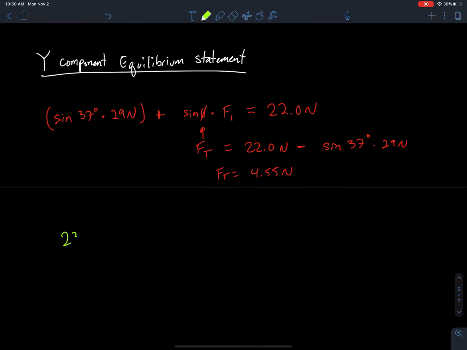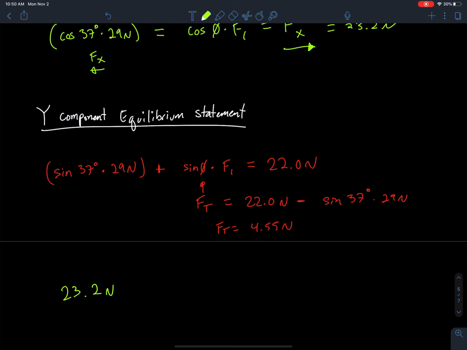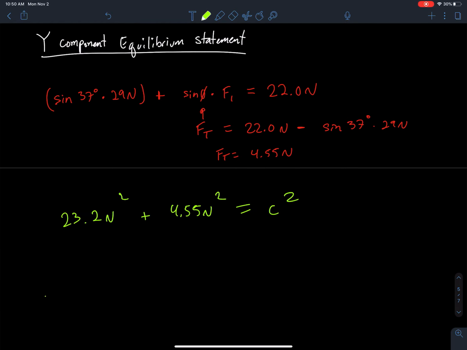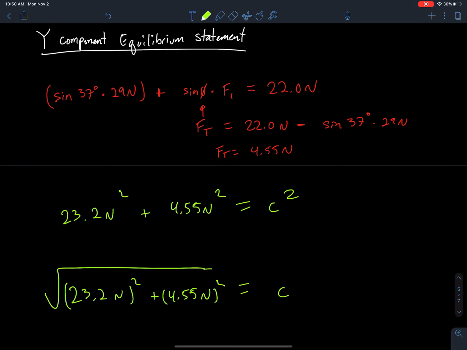Then 23.2 newtons squared plus 4.55 newtons squared is equal to c squared. So the square root of 23.2 newtons squared plus 4.55 newtons squared is equal to c.